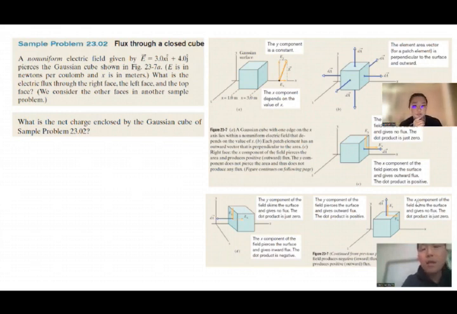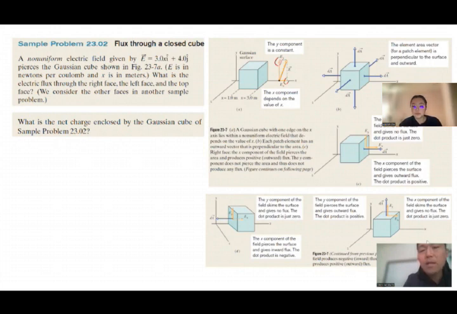So now let's take a look at the picture. The electric field already exists in the space, pointing right and upward, as you can see here. That electric field can be decomposed into an x component along the x-axis and one along the y-axis.